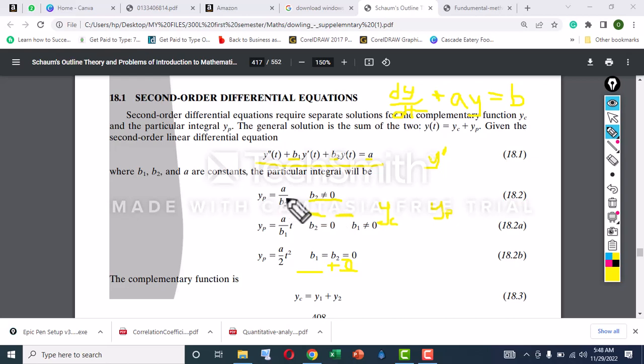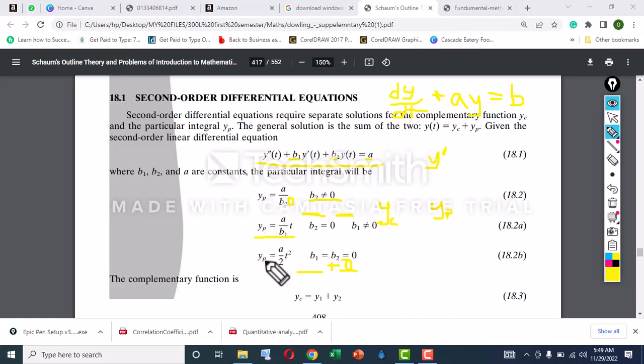If b2 is equal to 0, this will give us a funny answer, so b2 must not be equal to 0. So if b2 is not equal to 0, it simply means a over b2. But in case this b2 is stubborn and it is equal to 0, then we will not use this formula again. Then we'll come to this one.